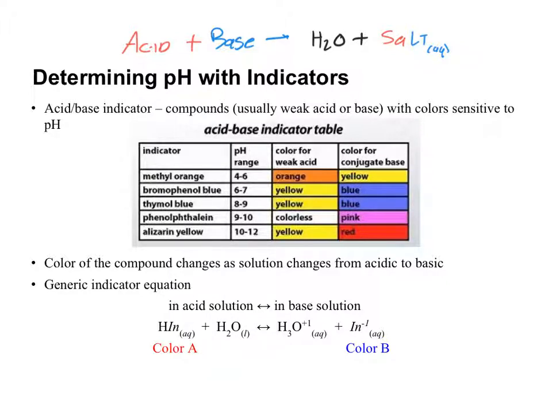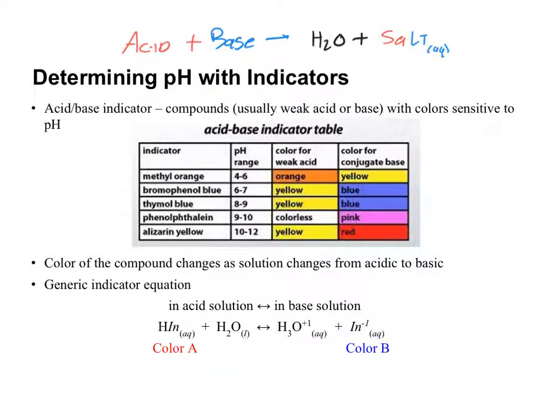Now, this generic equation on the bottom is not something that you need to memorize, but you do need to understand that HIn is the weak acid of the indicator, and as we add more base to this indicator, eventually we make H3O plus, and we make a lot of indicator minus, or In minus.